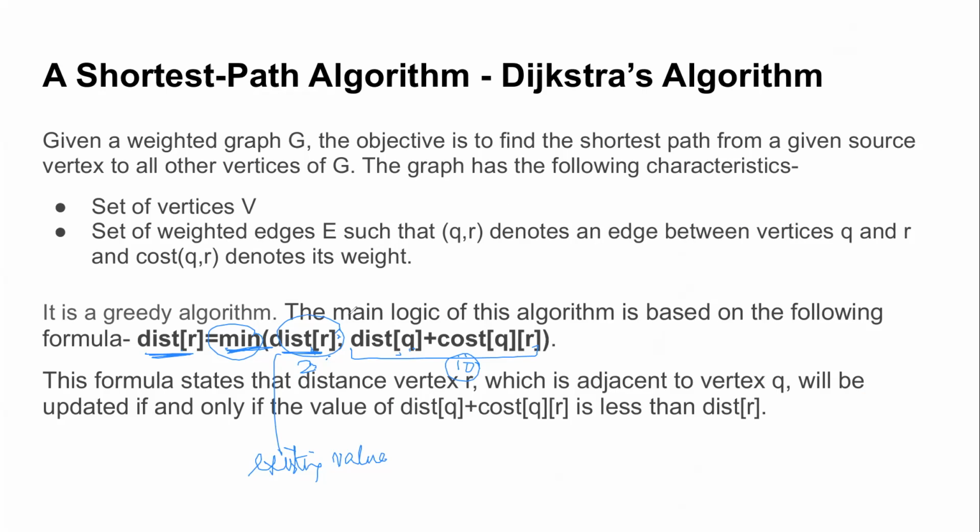You understand how minimum works, right? Minimum of a comma b returns the minimum of the two values. So tell me in these terms, suppose x is equal to min a comma b, when will x be equal to a? What is the condition?